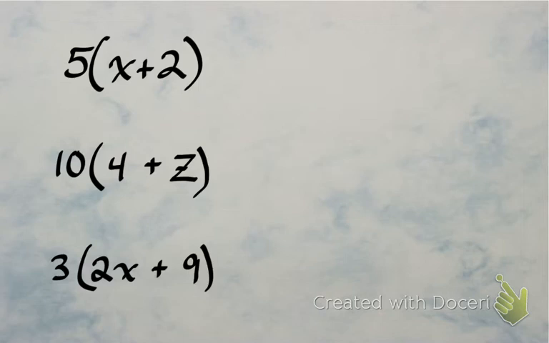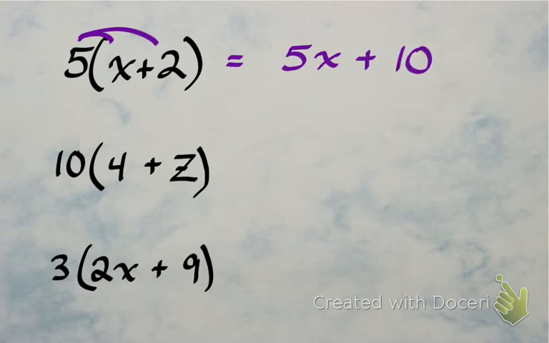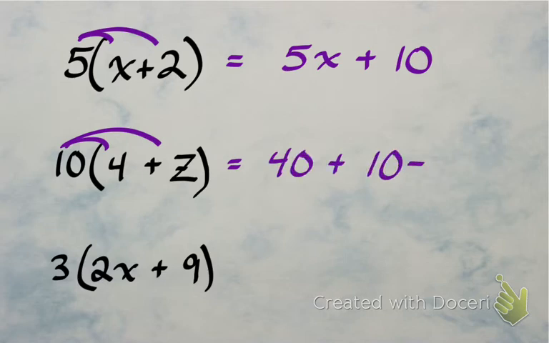All right, so let's take a look. With this first one, we would take the 5 and distribute. Whoop, whoop. So we have 5x plus 10. With our second one, we would distribute the 10. Whoop, whoop. So 10 times 4 is 40, plus 10 times z, which is 10z.